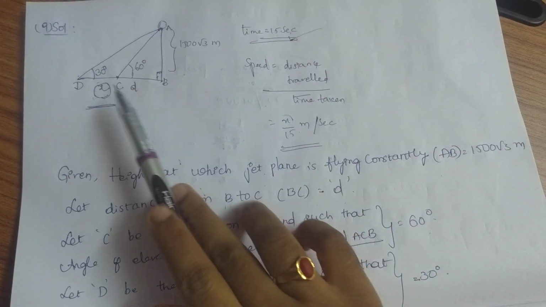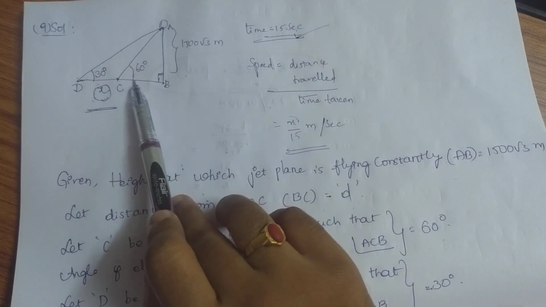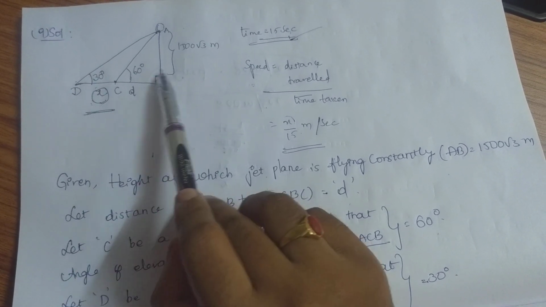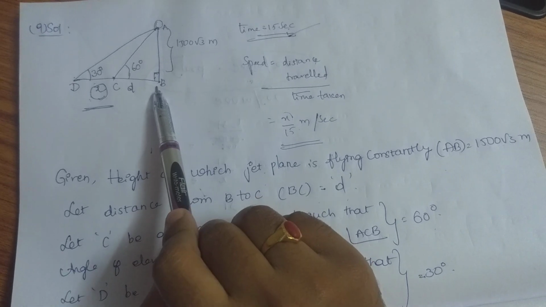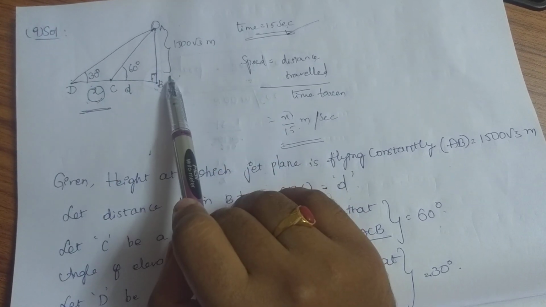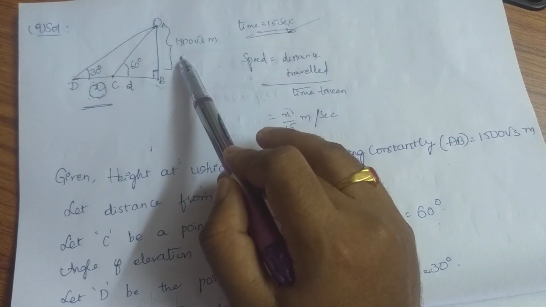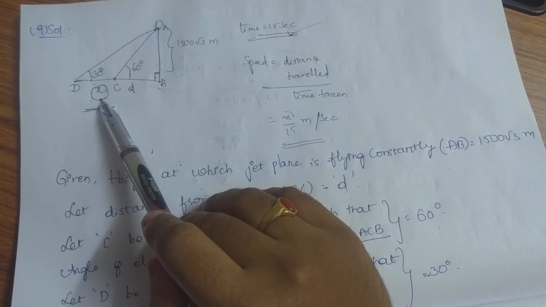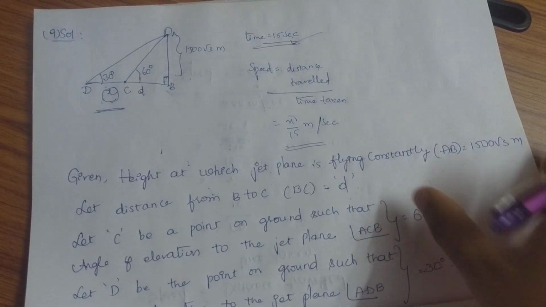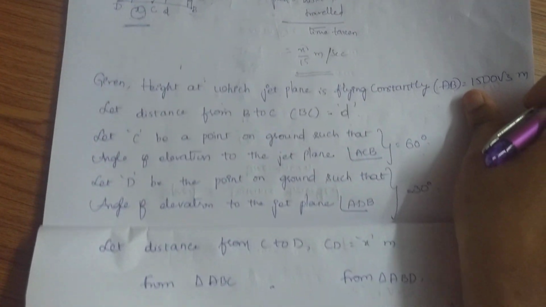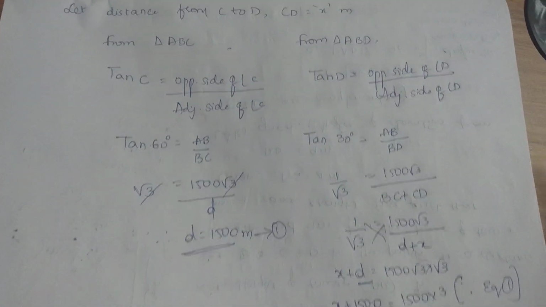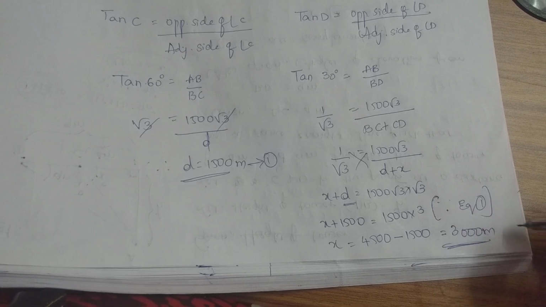Here the angle of elevation is at point C and at point D. The angle will be 90 degrees at point B. So two right angle triangles are formed, where the opposite and adjacent sides are involved. You just have to follow the same process to find the value of x. This is our simplification process. We did the same problem formats before also. So from this I got the value of x.